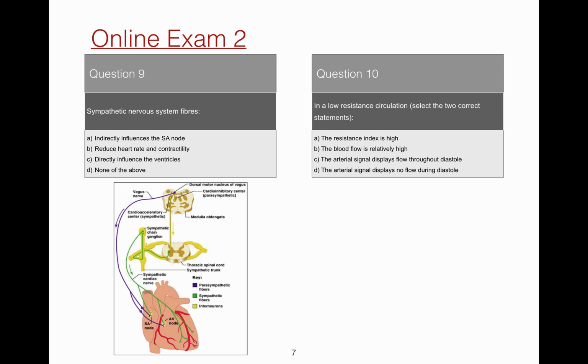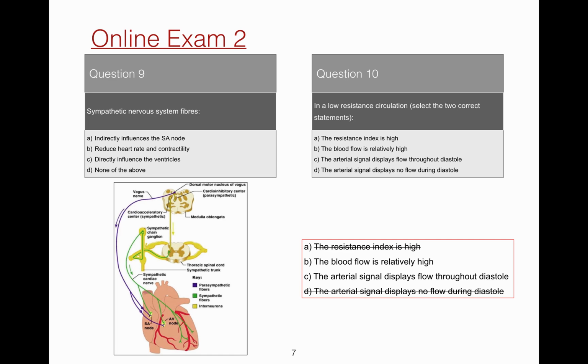Question 10 asks for true statements about low and high resistance circulations. The blood flow in a low resistance circulation is relatively high, and the arterial signal displays throughout diastole.